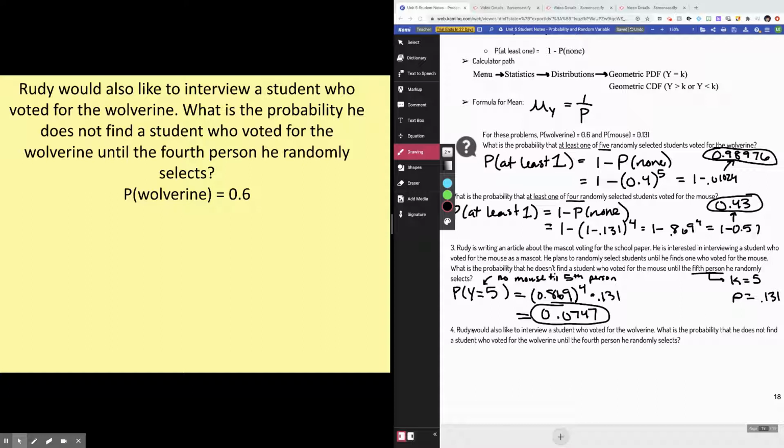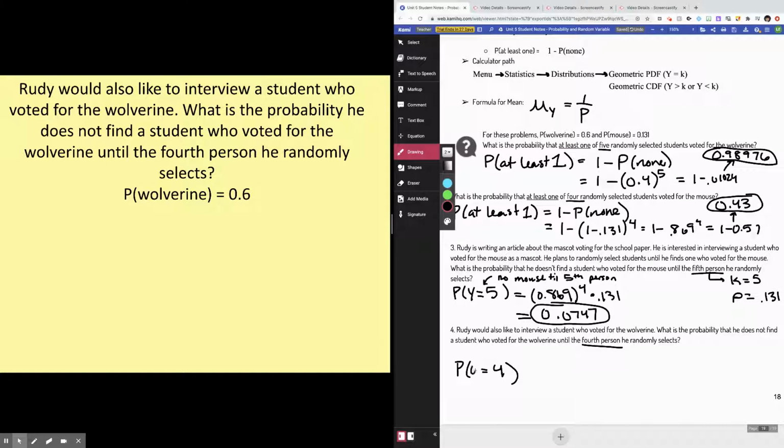The last one is we're saying he would like to interview a student who voted for Wolverine and wants to know the probability that he doesn't find someone until the 4th person. So here we're finding the probability that y is equal to 4. Actually, it shouldn't be y, because y is for the mouse, so I really should use a different variable. If you're talking about a different event, you should use a different variable.